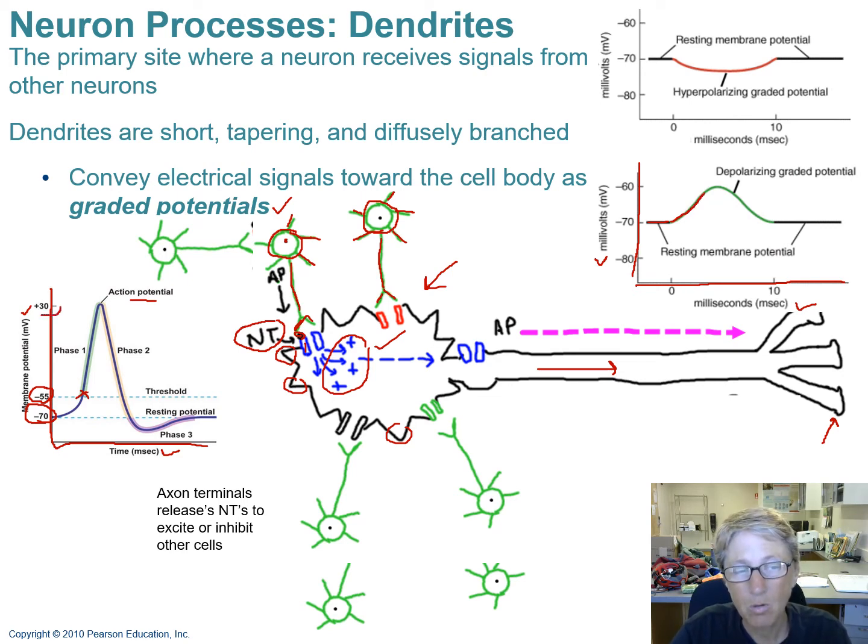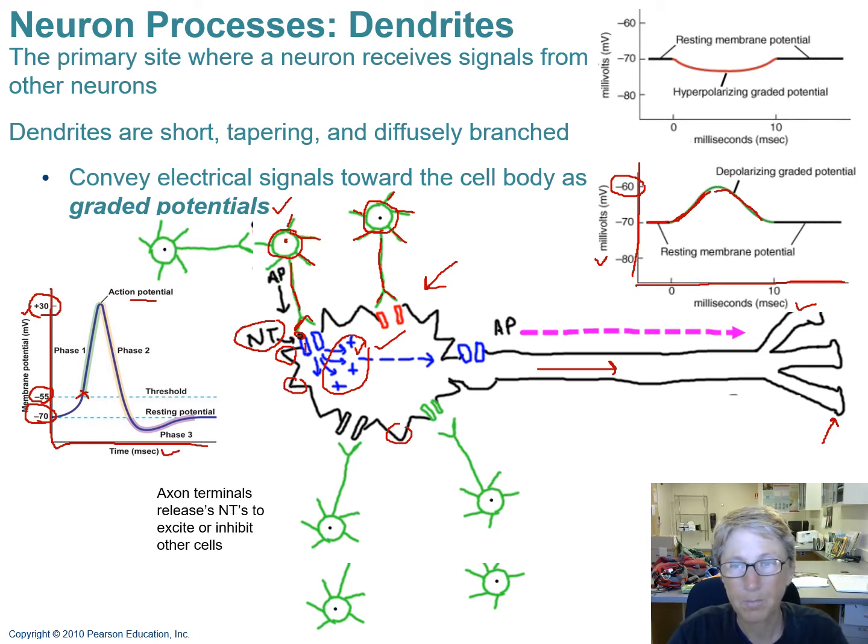In an action potential, the membrane voltage changes to plus 30. That's an action potential. In a graded potential, when the ions come from the dendrites to the cell body, look at what happens. It only gets up to about minus 60 millivolts, and then it depolarizes. So this is the difference, at least from a graph standpoint, between an action potential and a graded potential.